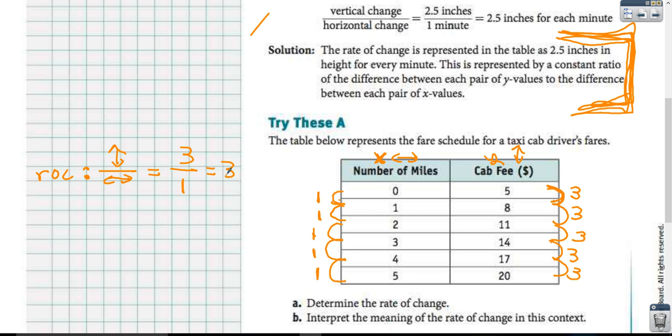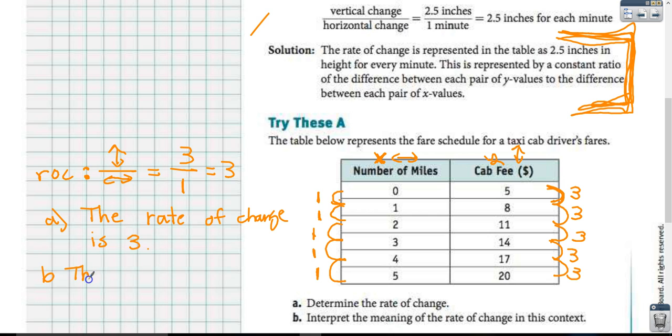So if we're answering this question, we're going to write the rate of change is 3. For letter B, it wants us to interpret the meaning, so all we're going to do is put these labels in here.